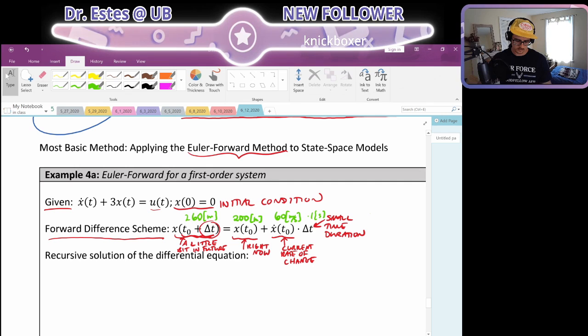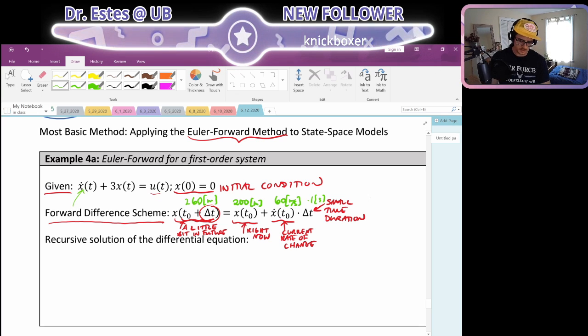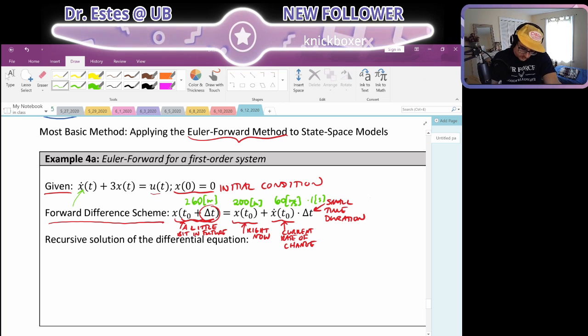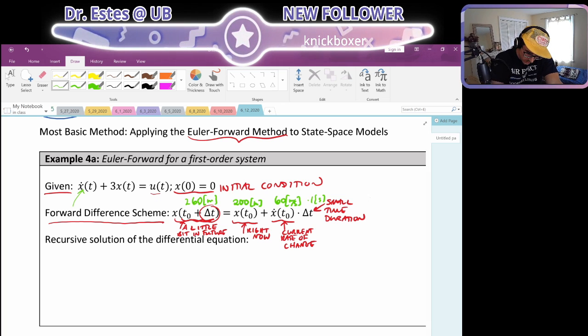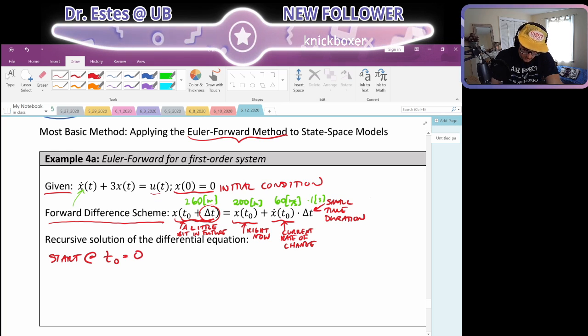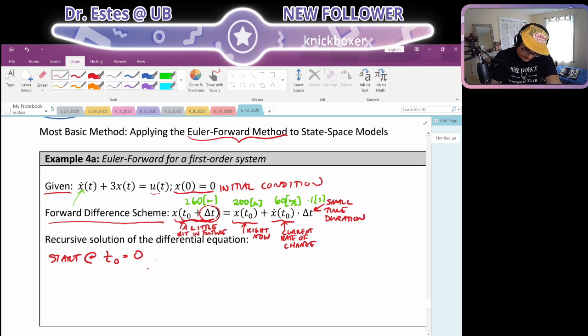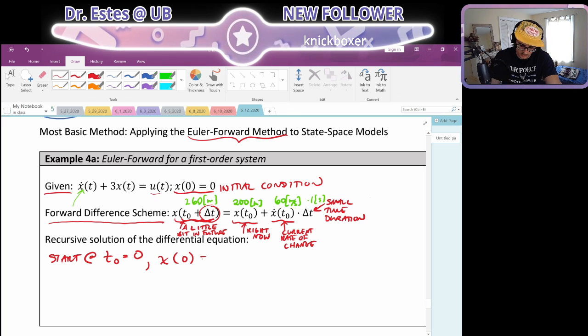So if we apply this to this differential equation right here, this is a little bit different. Okay, let's do this. Let's start at t naught equals 0. So I know that x at that time equals 0.